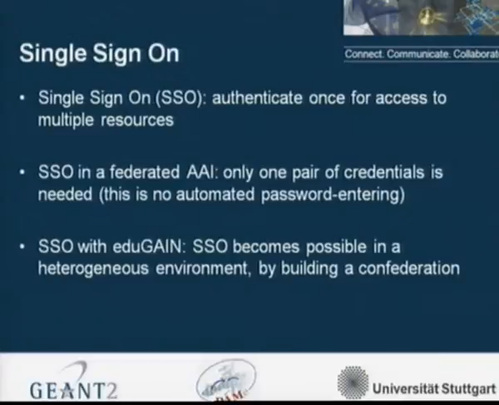And then you have SSO with eduGAIN. This is even a little bit more than a usual SSO in a federated AAI, because then you have a heterogeneous environment.